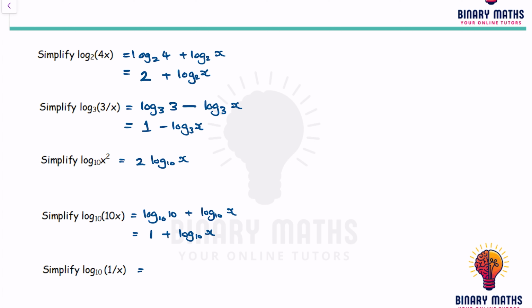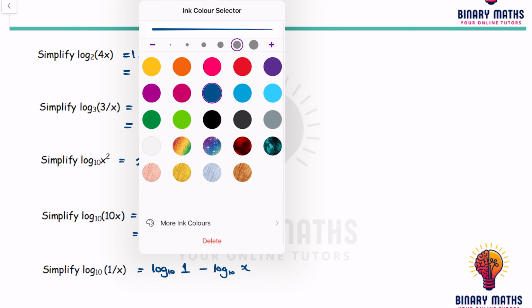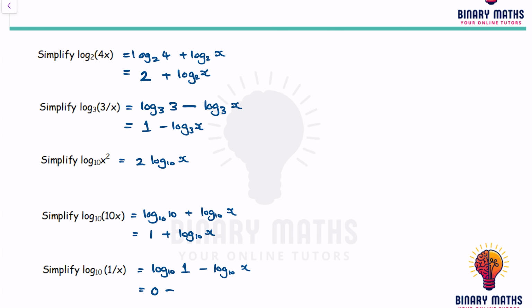The last one is log base 10 of 1 over x, which is the same thing as log base 10 of 1 take away log base 10 of x, because dividing is subtracting logs. 10 to the power of something is equal to 1. 10 to the power of 0 is equal to 1. So this is equal to 0 minus log base 10 of x, which is just negative log base 10 of x.